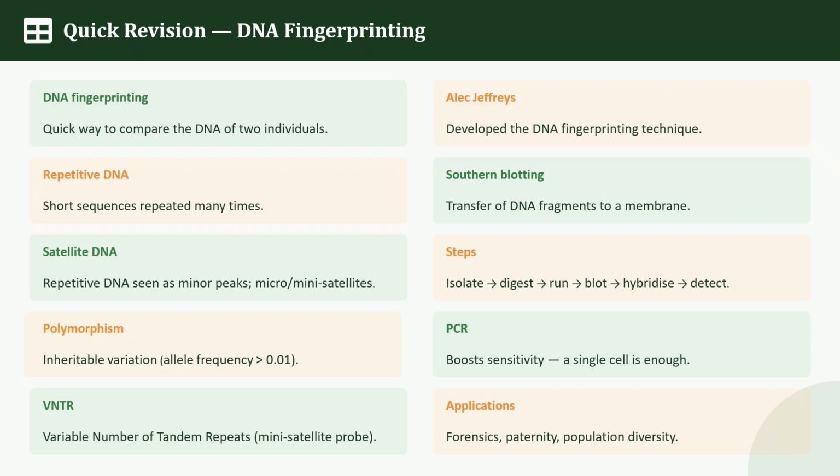He developed the DNA fingerprinting technique. Southern blotting is a transfer of DNA fragments to a membrane. What is PCR? PCR is the polymerase chain reaction. It increases the sensitivity, and DNA from a single cell can be sufficient. Some applications are forensic science, paternity testing, and also population and genetic diversity studies.